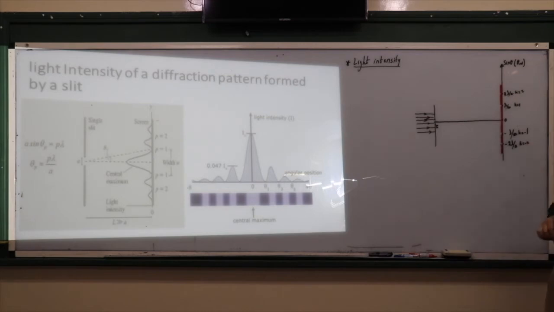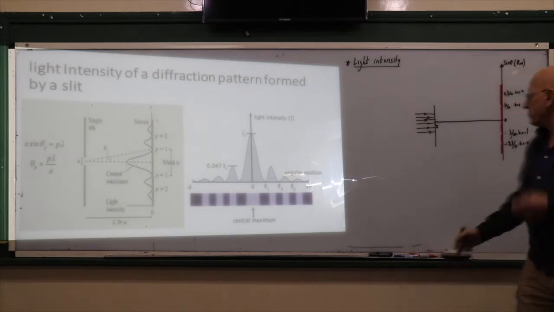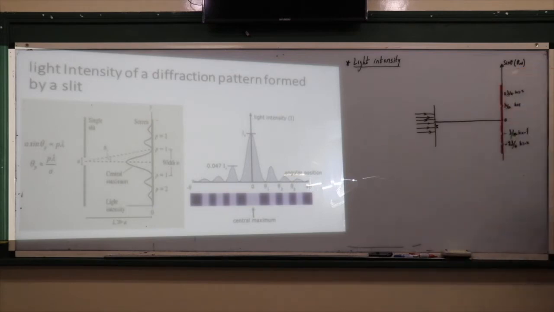Now, the brightness of the fringes varies from one fringe to another. Okay? This brightness at any point on the fringe is determined by a factor called light intensity. Okay?